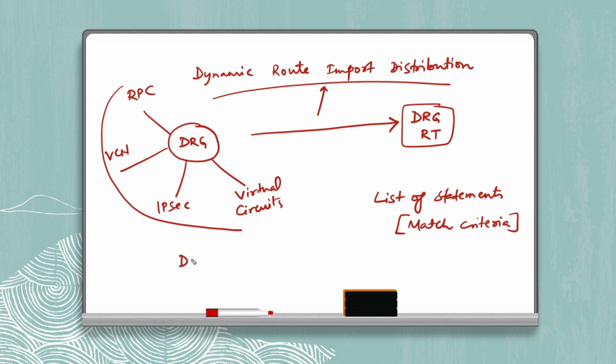I also mentioned that in case of a dynamic routing gateway route table, we can have two types of routes. The first one is static, and then we have dynamic. Static is manual, and dynamic is basically inserted using this import distribution.